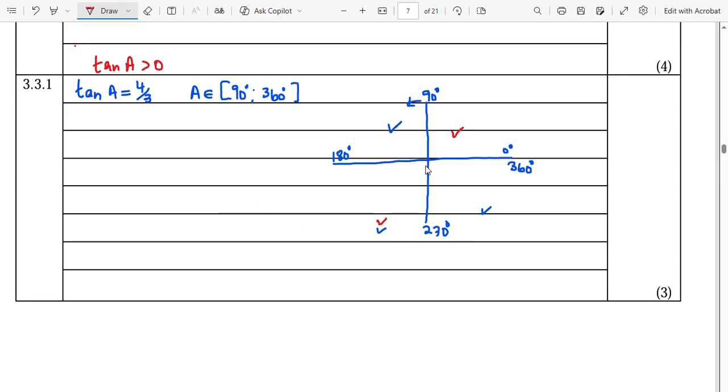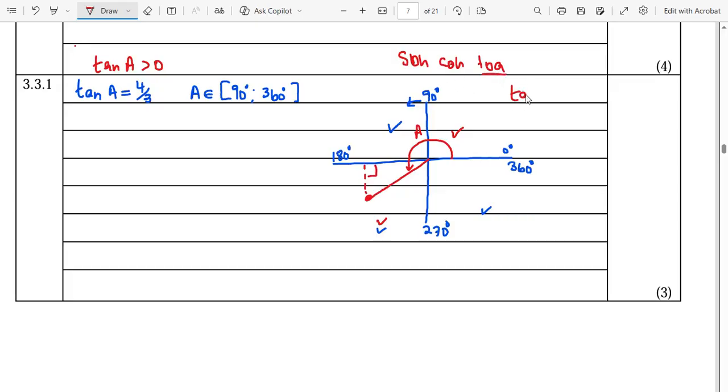So my diagram will look like this, and this will be my points here. Now I need to form a right angle triangle in that diagram, and this will be my angle A. According to SOHCAHTOA, tan is opposite over adjacent.